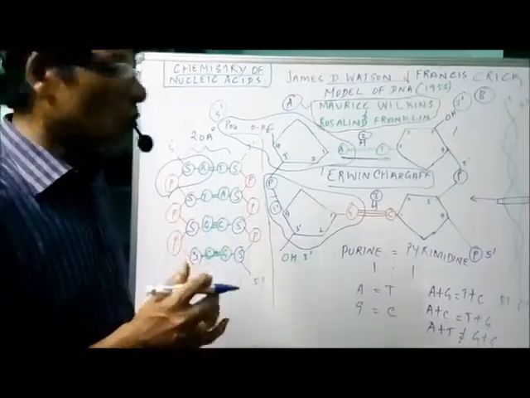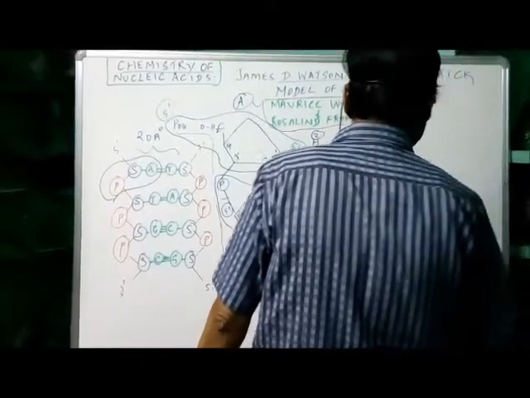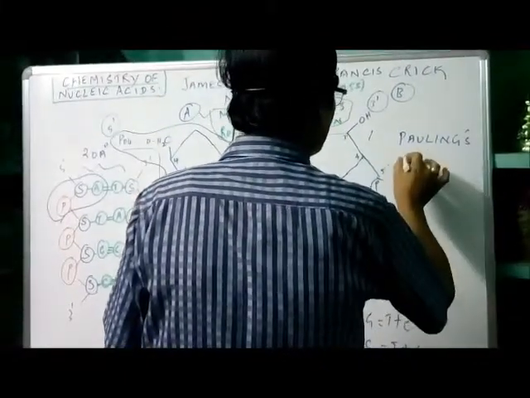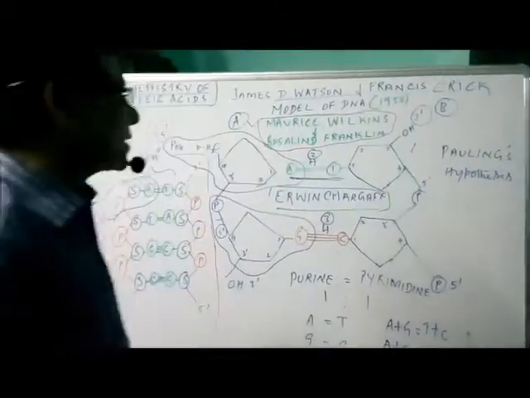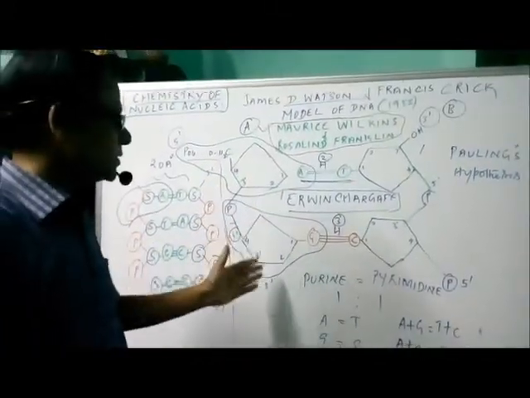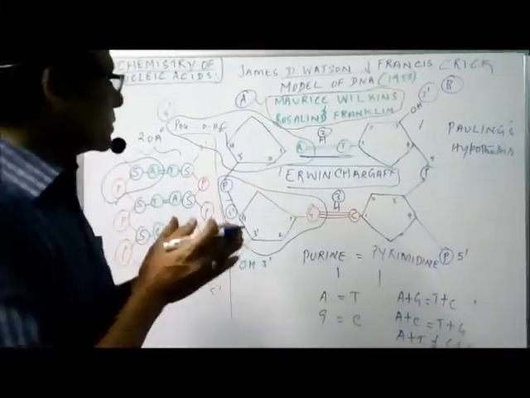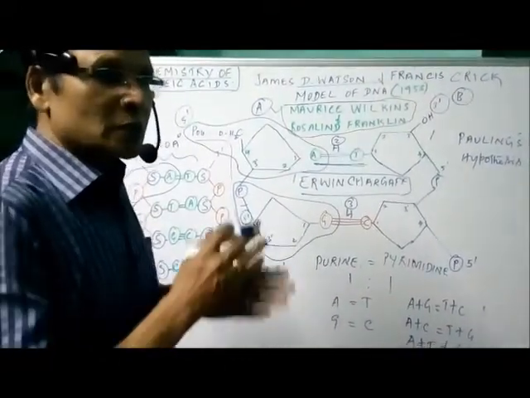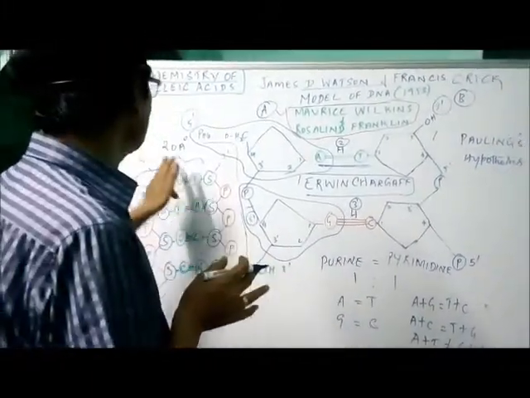This hypothesis is called Pauling's hypothesis. Sharing of hydrogens between the 2 strands is called Pauling's hypothesis. He proposed the sharing of hydrogen atoms between A and T, and between G and C. Because of this sharing, and because each pair is one purine and one pyrimidine, the total diameter between the 2 strands is constant, about 20 angstrom.